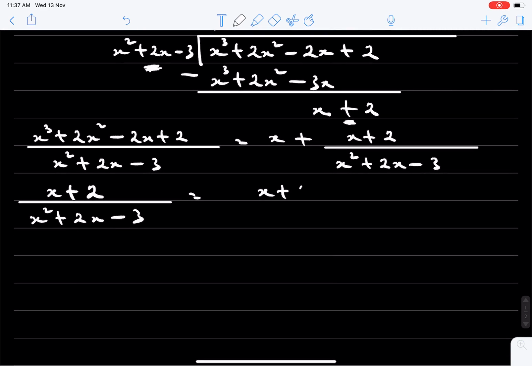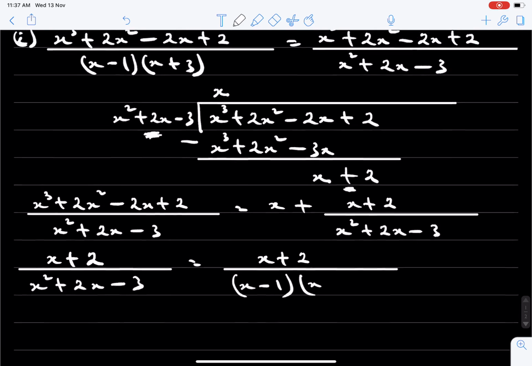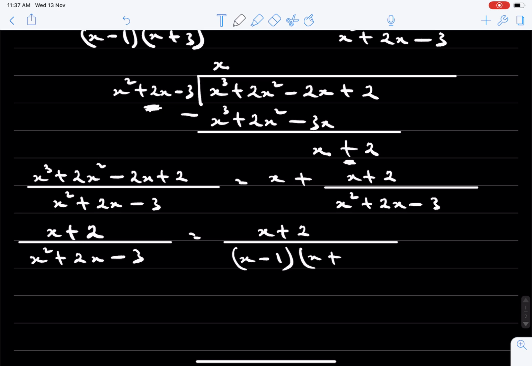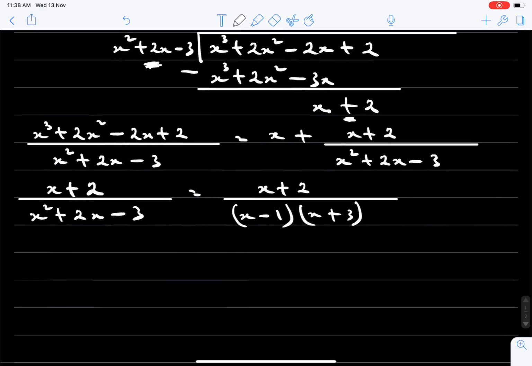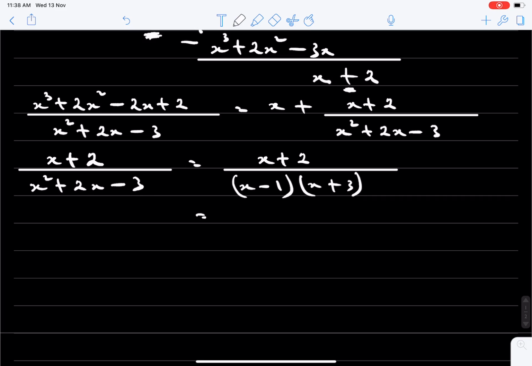So I'm just going to rewrite it as x minus 1 times x plus 3, which is what x squared plus 2x minus 3 factorizes into.